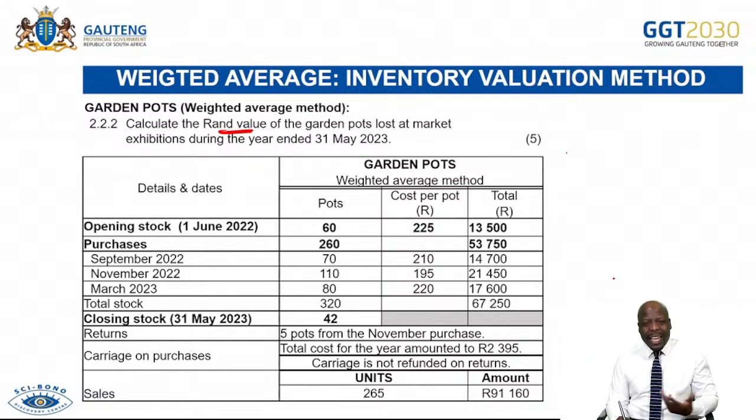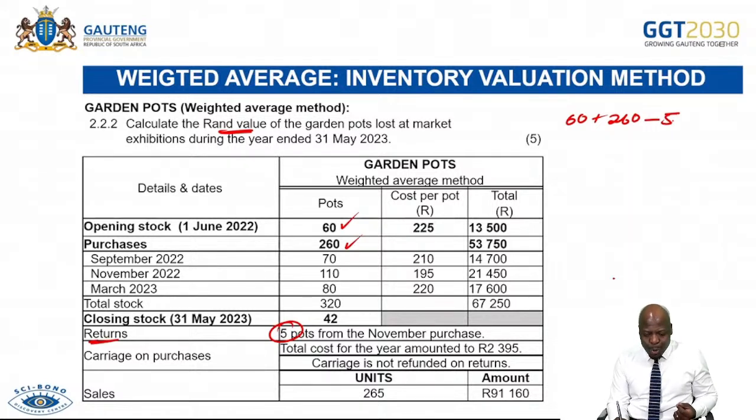How do we get the units? Let's use the shorter method, which is to say 60 opening stock, plus 260, which is my purchases. Minus my returns, which is 5.